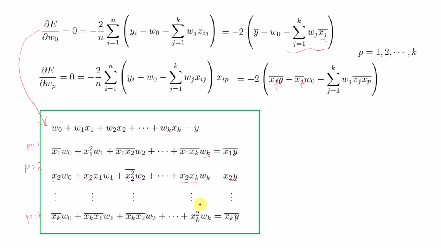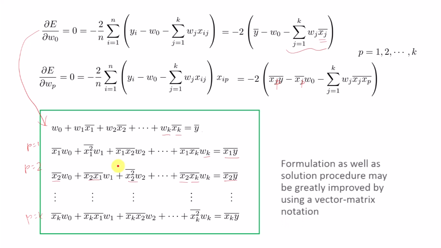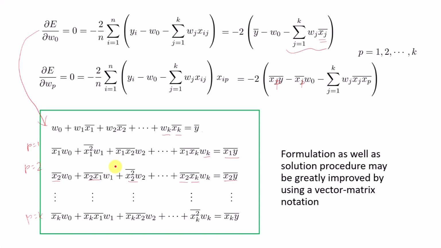You have to solve these equations anyway, and the symbols are now slightly smaller. That is why it looks cleaner, but it has no other advantage than the previous one. But if we write these equations in vector matrix form, Ax equals B type form, then it will look much cleaner, and it will also help us to solve this problem more efficiently. How we'll do that, we'll see in subsequent lectures.